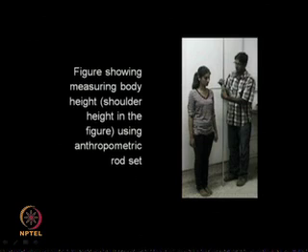By sliding this bar on the anthropometric rod, body height can be measured; in this case the shoulder height is being measured, but various heights can be measured with this.